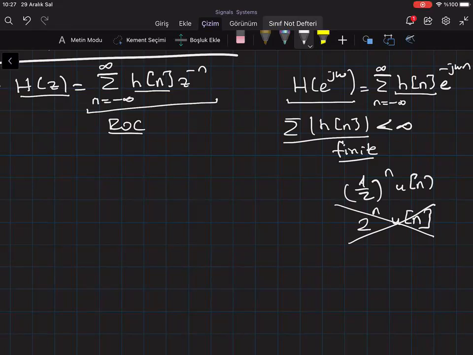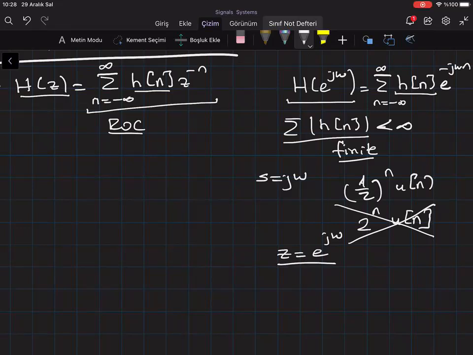Actually, the Laplace transform is the continuous time version of the Z transform. In the Laplace transform we were using S instead of j omega. Here we are going to use Z instead of e to the j omega. I want you to understand this concept.